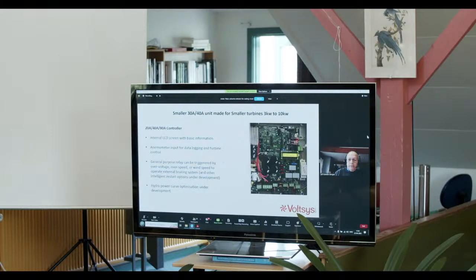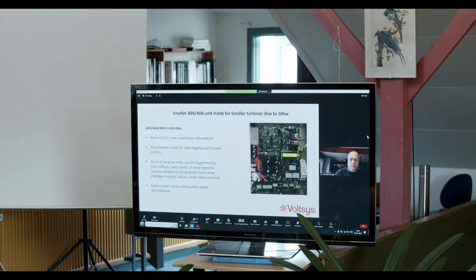So it's got inputs from the turbine over on the right hand side and outputs of the DC to the inverter and the dump load on the left hand side. It also has an anemometer input for data logging and for turbine control. We'll speak about that a little bit more later on.